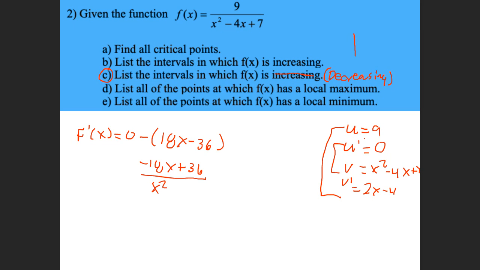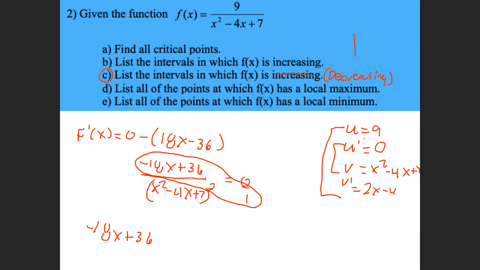So that's going to be (x squared minus 4x plus 7) quantity squared, set it equal to 0. Well, this is a proportion, so I'm just going to cross multiply here. So I end up with negative 18x plus 36 is equal to 0. Bring the 36 over, negative 18x equals negative 36. x equals 2.